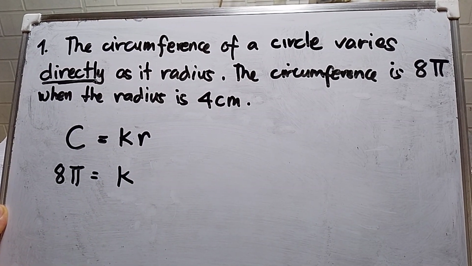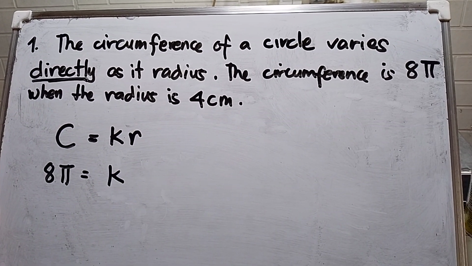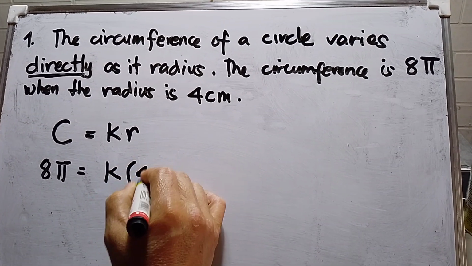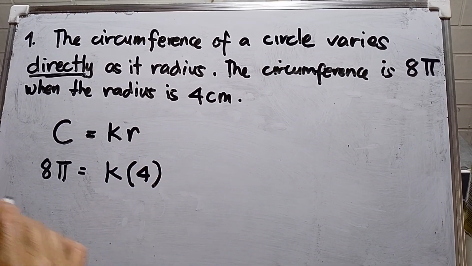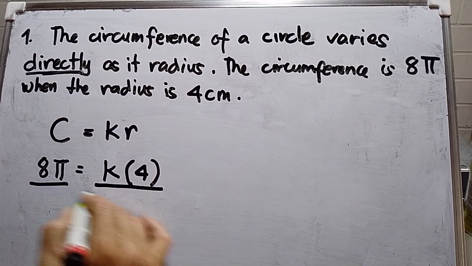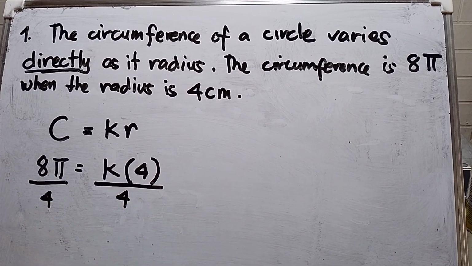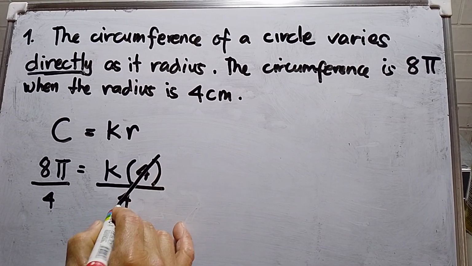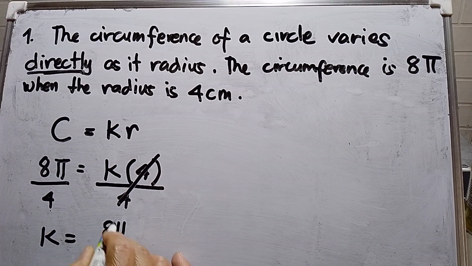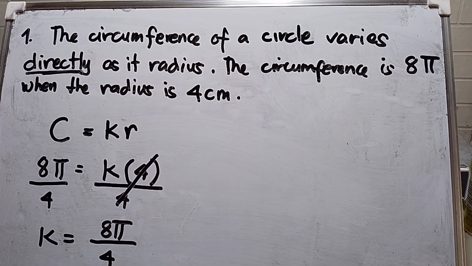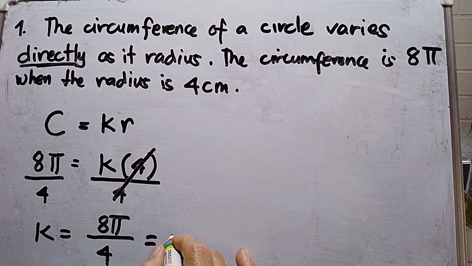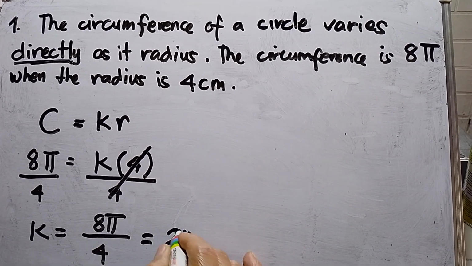The radius is given, so this is 4 centimeter. So to solve the value of k, I will divide this one by 4, both sides. So k equals 8 pi over 4. So this will be 8 divided by 4, that is 2. So I have here 2 pi.